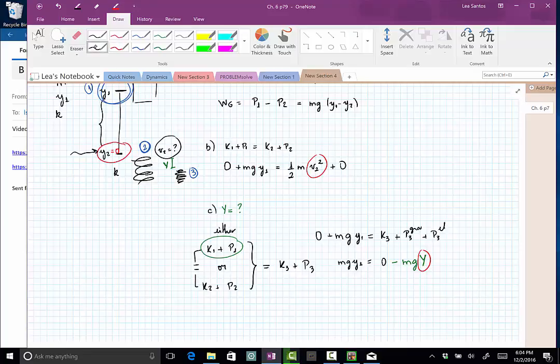And how about elastic potential energy? We deform that spring, we compress that spring, so we have it, and this is 1/2 k y squared, where k is given to us and y is our unknown. So now we have to solve a quadratic equation.